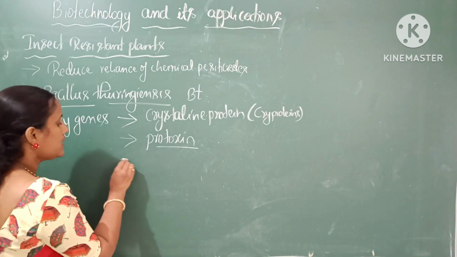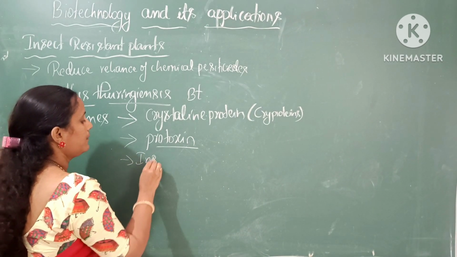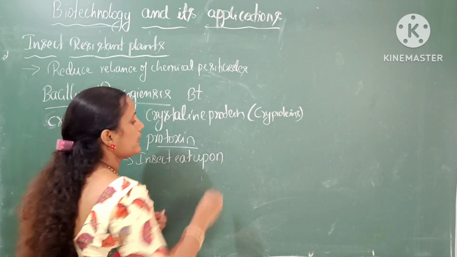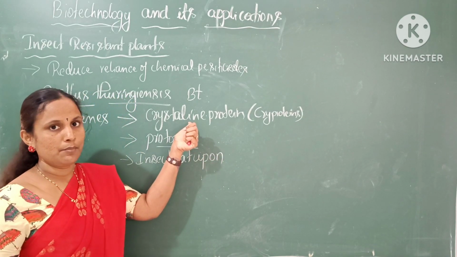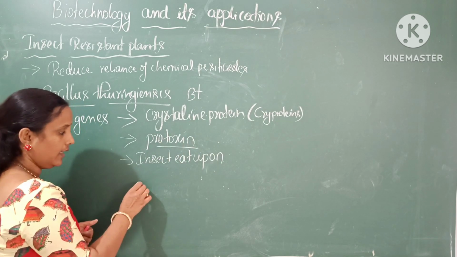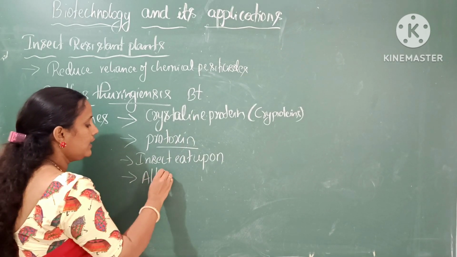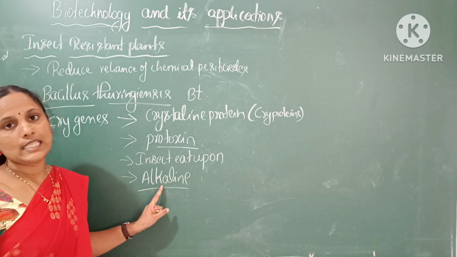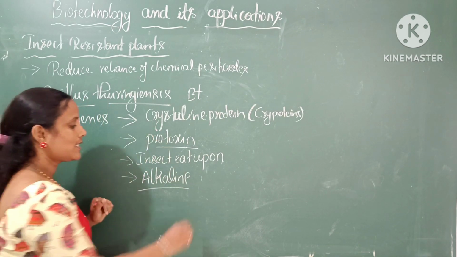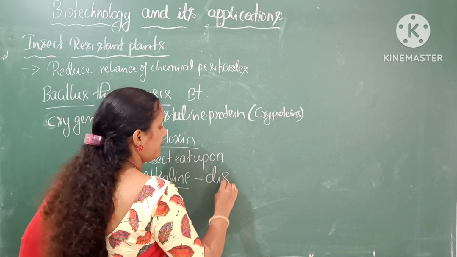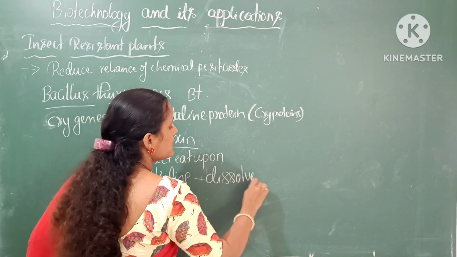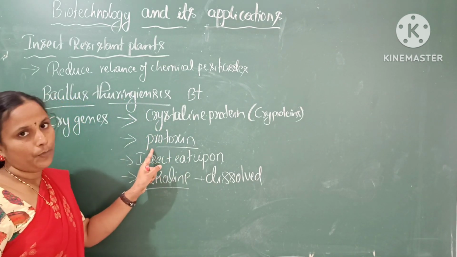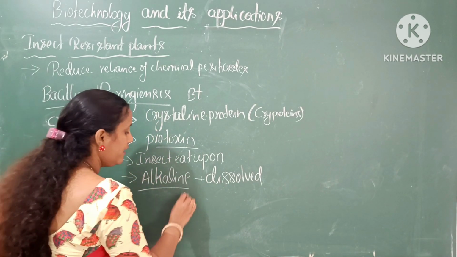When an insect eats these crystalline proteins, in the insect gut there is an alkaline pH. In the alkaline pH of the insect gut, the protein crystals get dissolved and the inactive protoxin is activated.